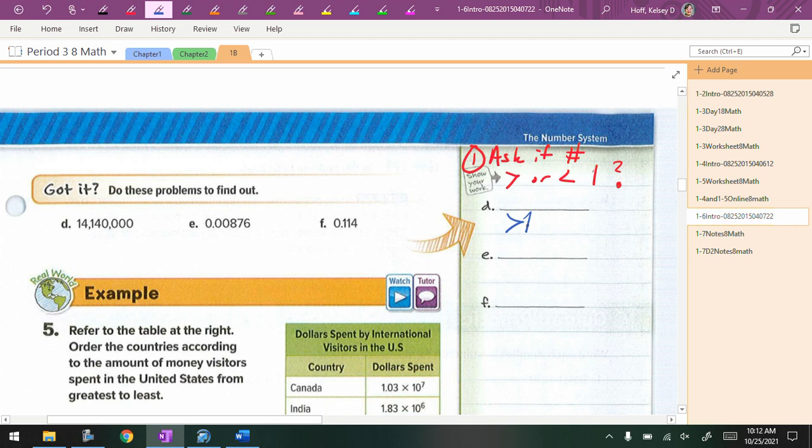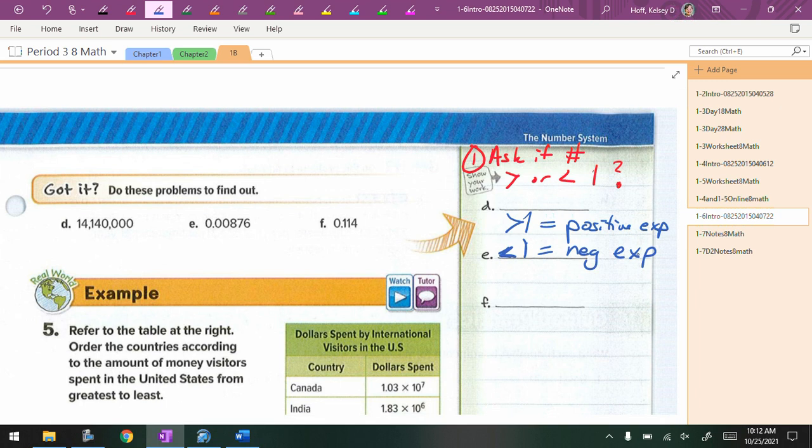If it's greater than 1, that means you have a positive exponent. And if it's less than 1, guess what you have? A negative exponent. Make that determination right away.